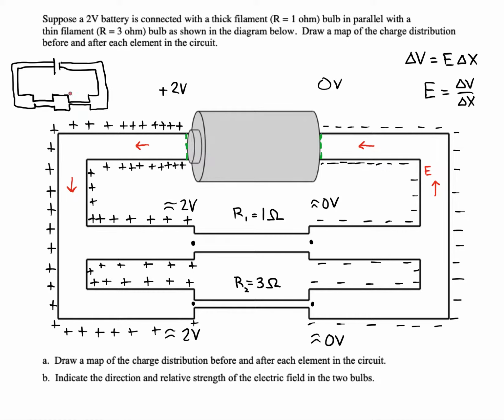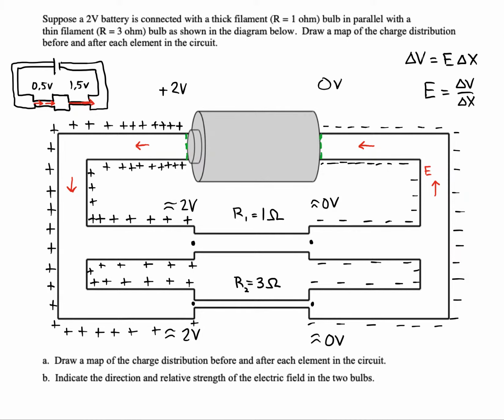I said that because the thin bulb had more resistance, there would be a stronger field in it compared to this thicker bulb. That was for series though. We said that there would be a drop of 1.5 volts across that thin bulb and a drop of 0.5 volts here. But what do you notice about the potential drops across the bulbs now?